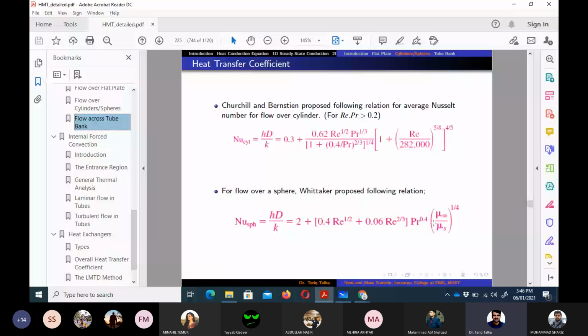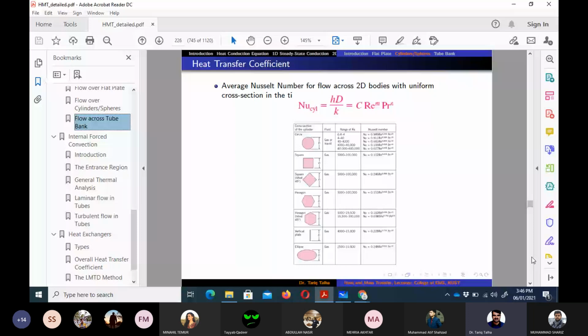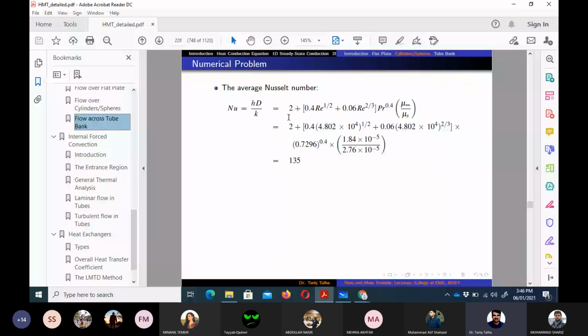So there is a term of mu infinity divided by mu s. So that is also given in the data. So all we need to do is calculate the Nusselt number from here. So Nusselt number can be calculated from mu infinity and mu s value we have calculated. So Nusselt number comes out to be 135.